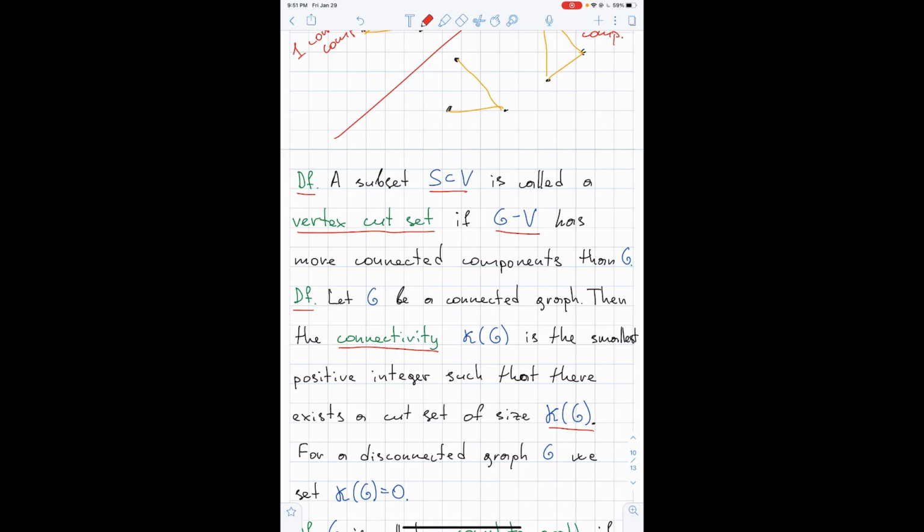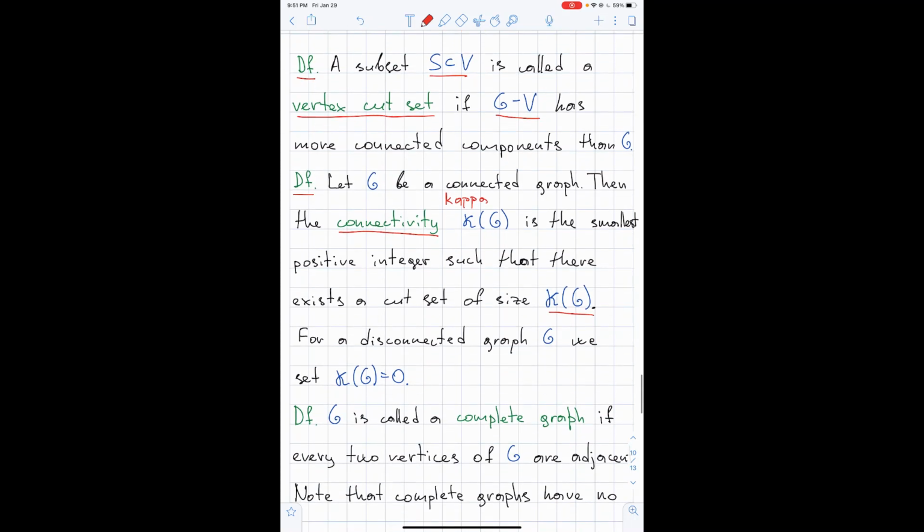This letter is kappa, so this is kappa of G. The kappa of G is the size of the smallest vertex cut set for G. This is for a connected graph. And for a disconnected graph, we just say that kappa is 0, because for a disconnected graph we don't have to remove anything. It's already disconnected.